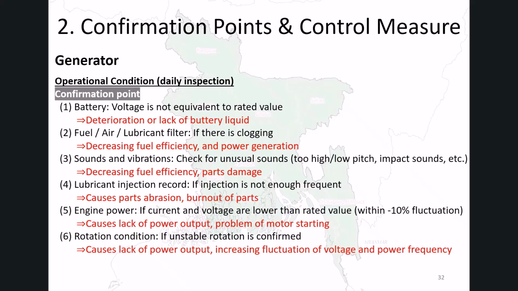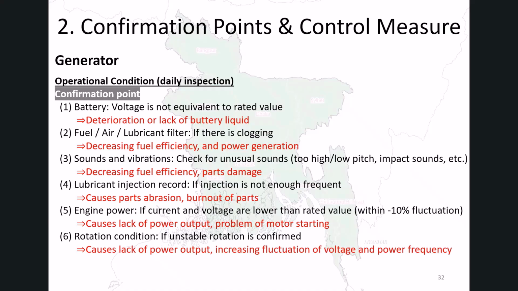If the battery voltage is not equivalent to the rated value, it may indicate battery deterioration or insufficient battery liquid. If this condition is ignored, it can lead to starting failure or sudden shutdown. Therefore, the voltage should be checked regularly, and maintenance such as refilling or replacement should be carried out when necessary.